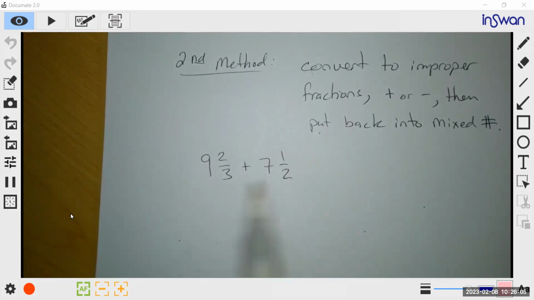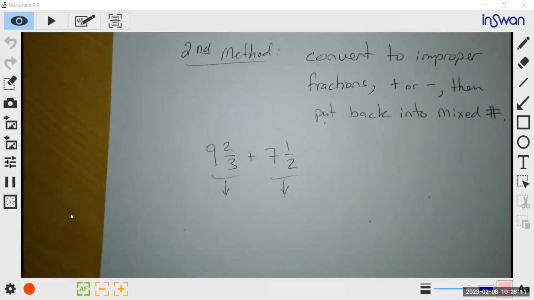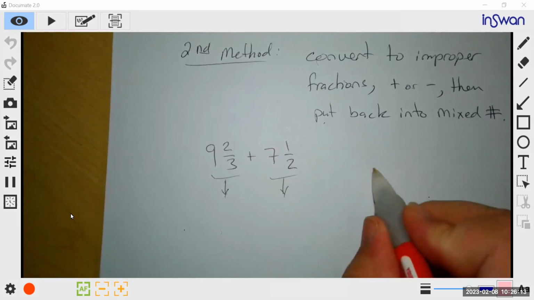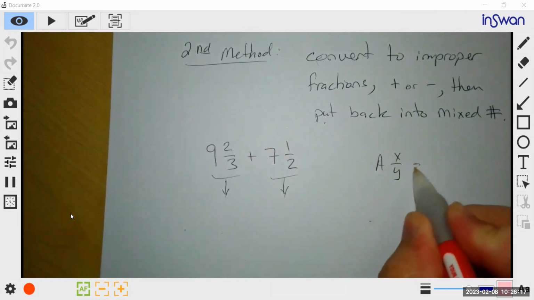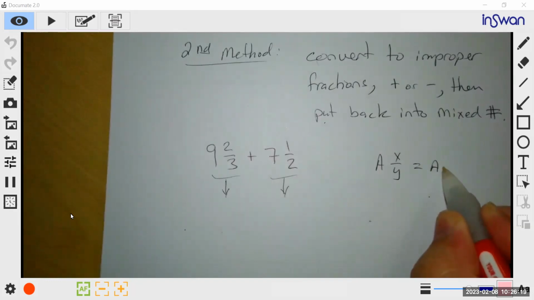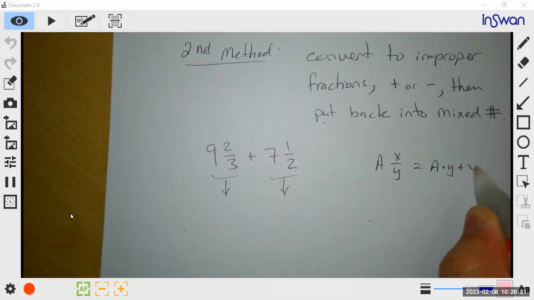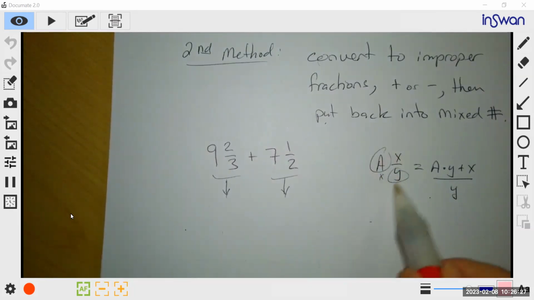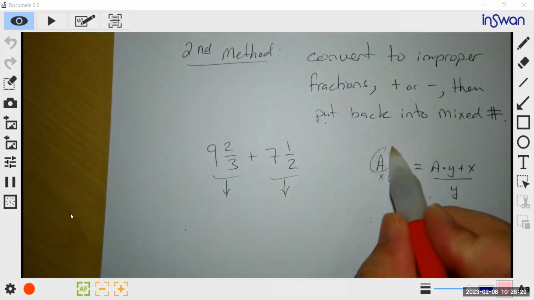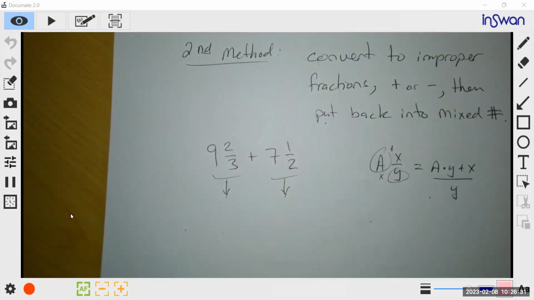So our first step is to take both of these and put them into improper fractions. Remember how to do that? Take the coefficient, multiply by the denominator, then add the numerator.